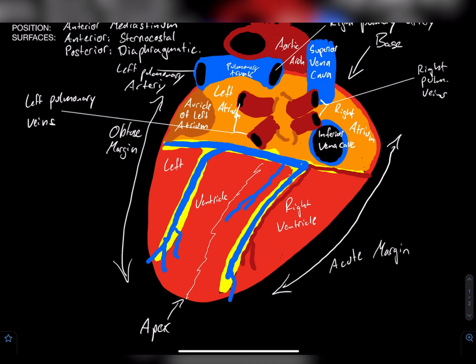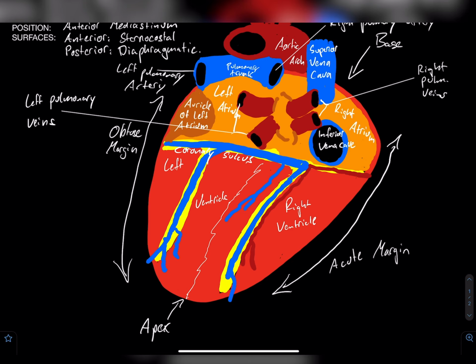Next, we're going to talk about the sulci. Again, I drew them in that yellowish color because in vivo they are filled with epicardial fat. We have the coronary sulcus running as a border between the atria and the ventricles.